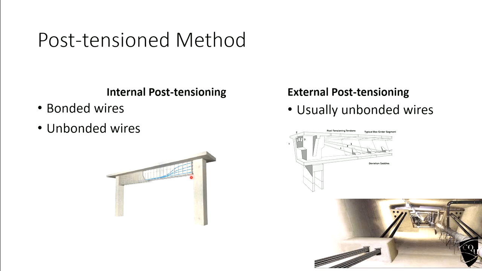Pre-stressing members are already smaller compared to RC design. Within the pre-stressed ones, external post tensioning can further reduce the section size, or we can select a hollow section. That's an advantage of external post tensioning.